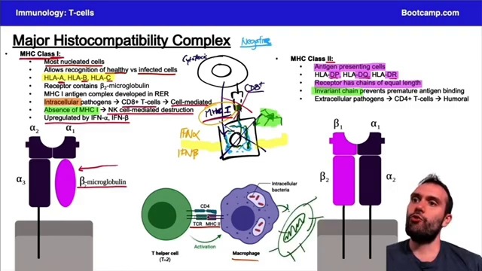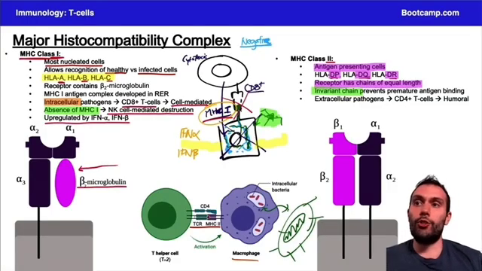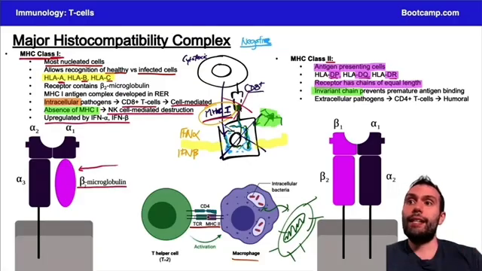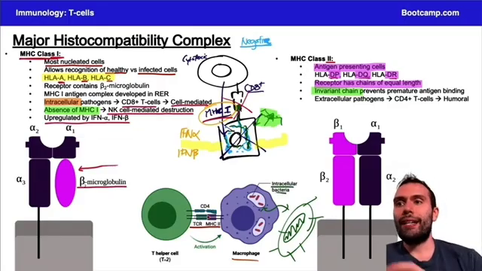It might attempt to destroy it or phagocytose it. Once it does that, it's going to break that bacteria up in the phagosome, and eventually it'll fuse with the lysosome to break down the bacteria. It keeps them in these phagolysosomes to break down the bacterial contents. So that's what the macrophage initially does.